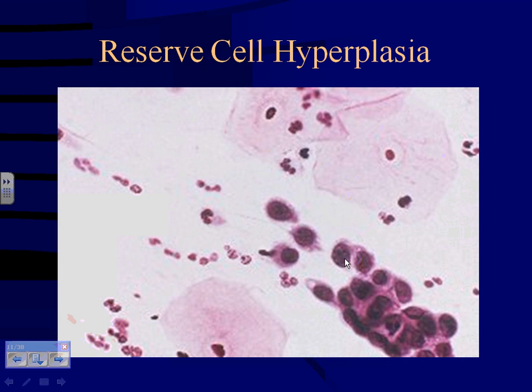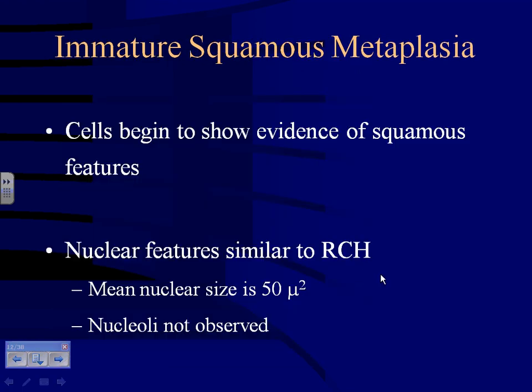This stain happens to have an eosinophilic overall tinge to it, so here they actually look a little bit pale and eosinophilic. Now, in mature squamous metaplasia, the cells begin to show evidence of squamous differentiation. The nuclear features are similar to reserve cell hyperplasia, whereby the mean nuclear size is 50 square microns.